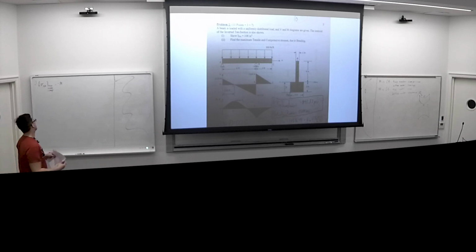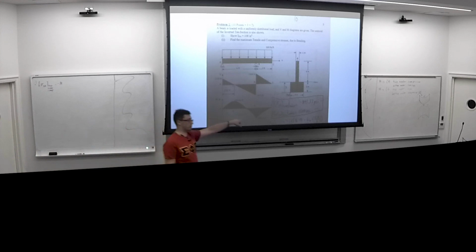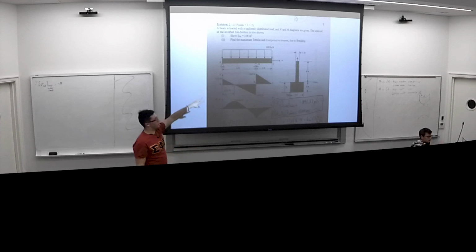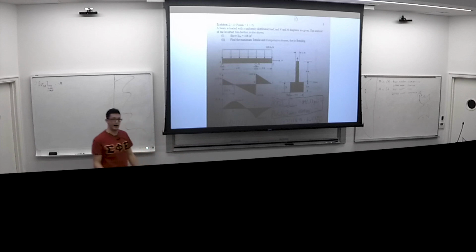So to find the max, the reason you do 4 equations, 2 of them show something under compression and 2 of them show something under tension. They want the maximum tensile and compressive stresses. So you're going to end up with 2 answers, 1 in tension and 1 in compression. When you do all 4 equations, you'll get 2 for tension, 2 for compression, and you compare them and just take the highest value. You need both to compare to see which one is the highest.